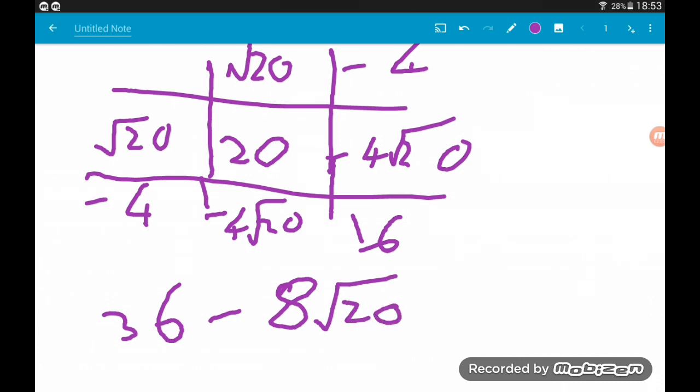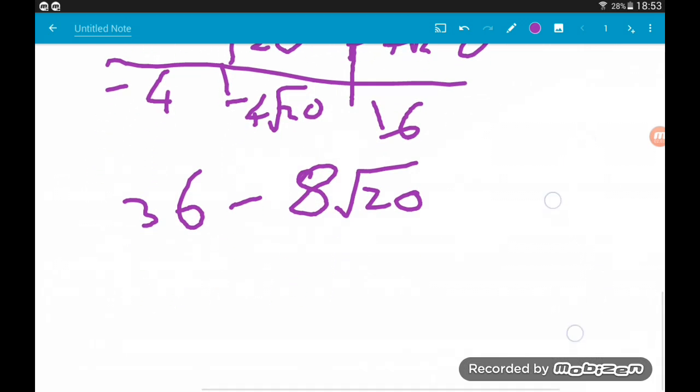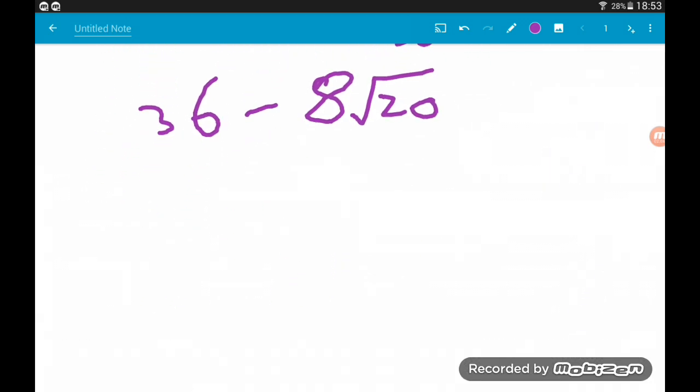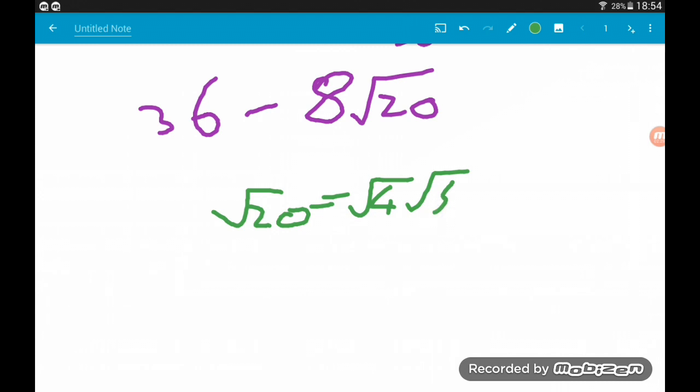So we've got 36 minus 8 root 20. Now even though this is exactly right, it's not the form they want the answer in, because they want the surd in its simplest terms. So the last thing we need to do now is simplify 8 root 20. Let's just have a look at root 20 first of all. We can write root 20 as root 4 root 5, which is 2 root 5, because the square root of 4 is 2.